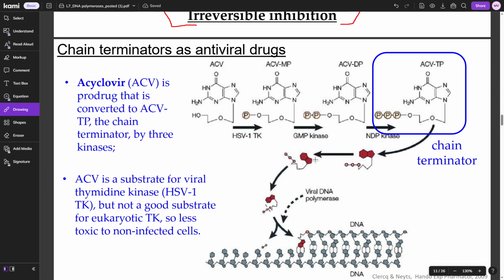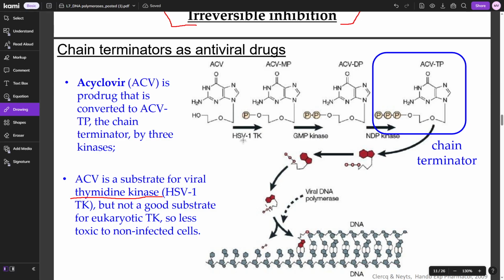This is just a nice little slide to show you that chain terminators like acyclovir are actually used as antiviral drugs. Acyclovir is a chain terminator, and basically what's going on is it's a substrate for this viral thymidine kinase that only shows up in viral organisms.